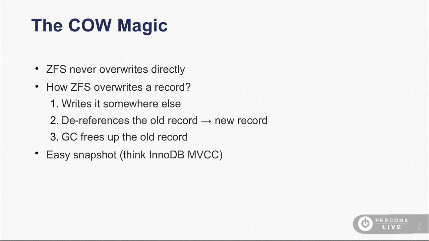It makes snapshots almost as easy as recording at what transaction you currently are. So if you start a snapshot at transaction 123, it just has to write, this view is protected up to 123, that's it. So there's nothing else to do for ZFS to record a snapshot. So it's very cheap.